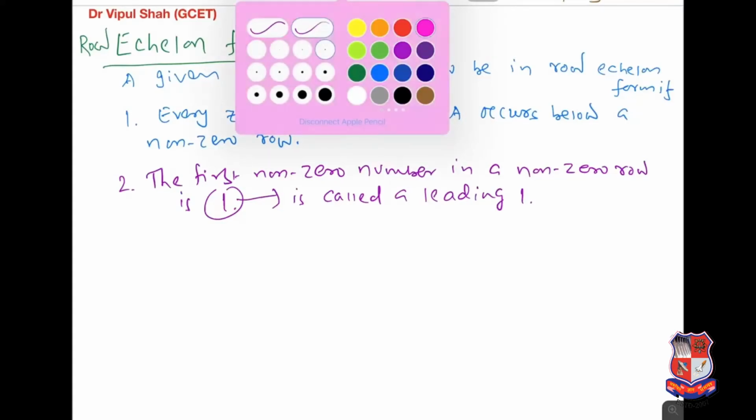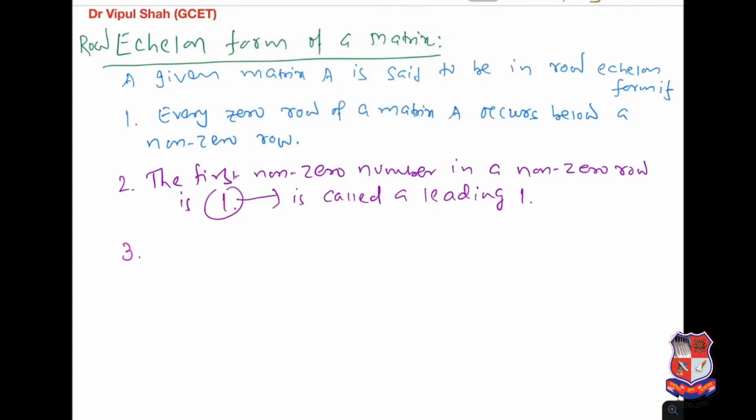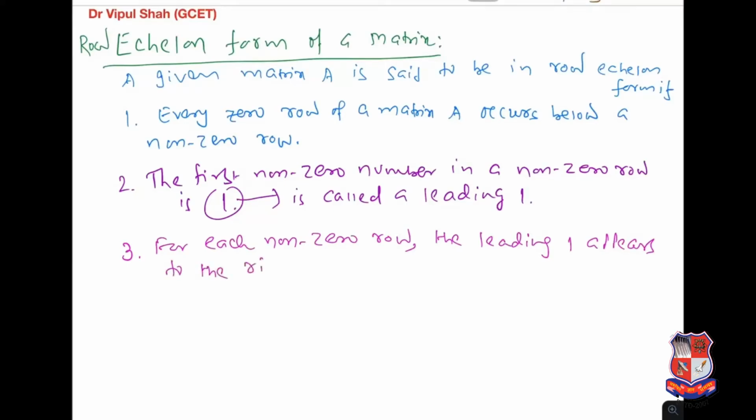The next is for each non-zero row, the leading one appears to the right and below any leading one in the preceding rows.